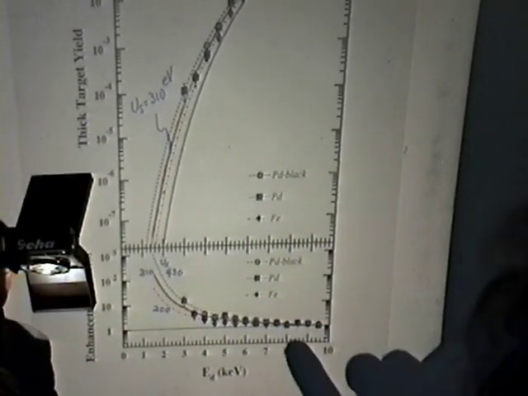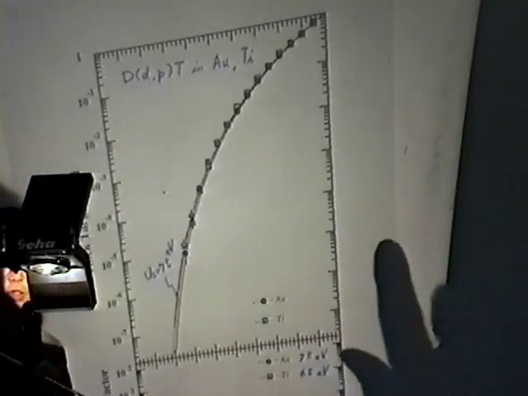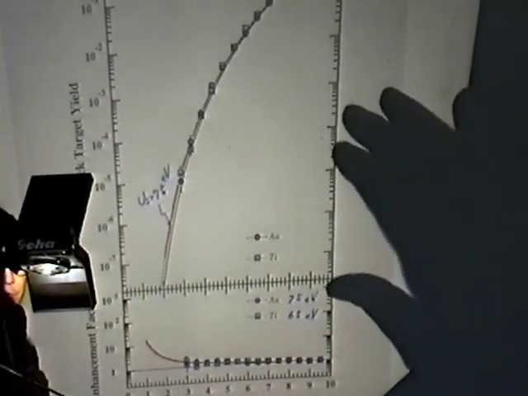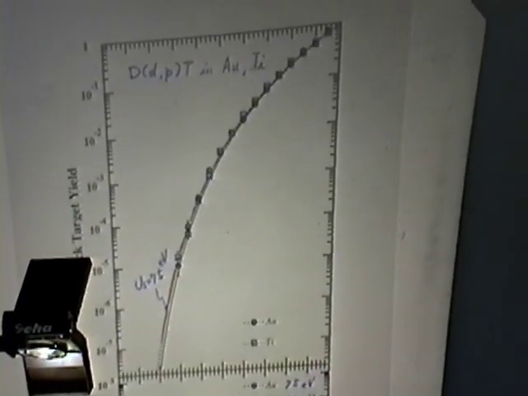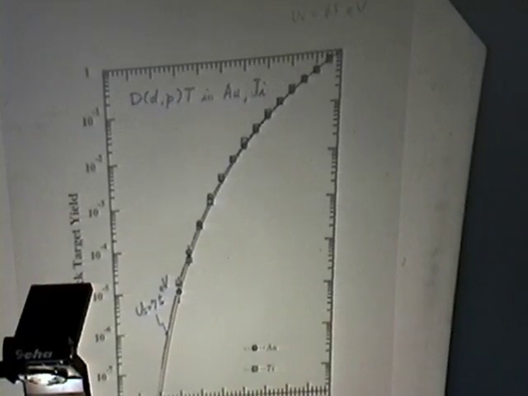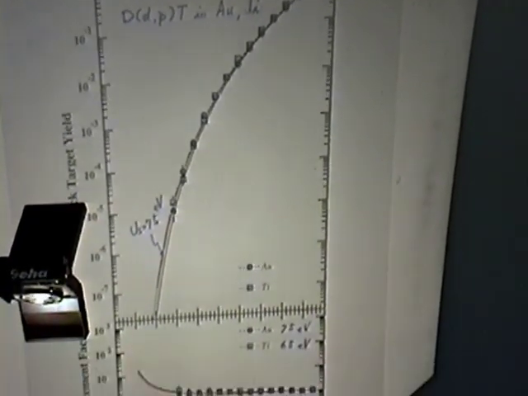And for the iron, we would say it's something around 200 electron volt. And some of the metals cannot show any enhancement. A little bit of enhancement, but not so big. For example, the gold and the titanium, the screening energy is something like 60 or 70 electron volt.